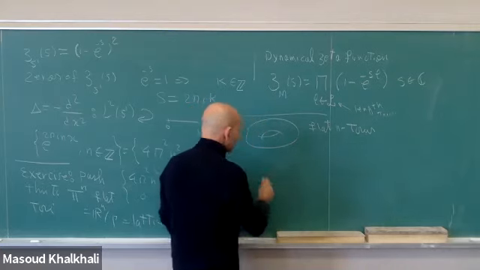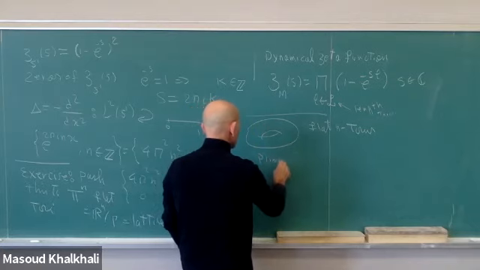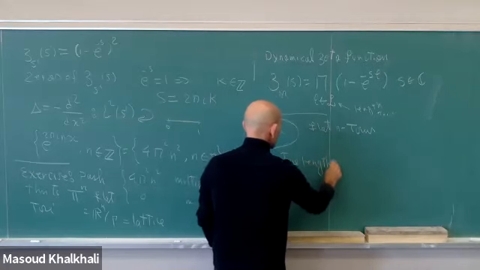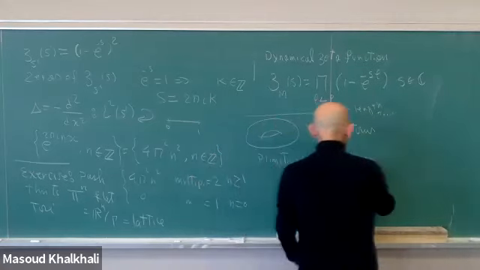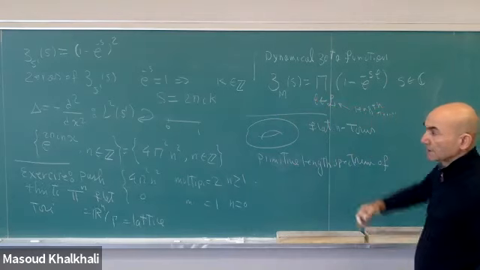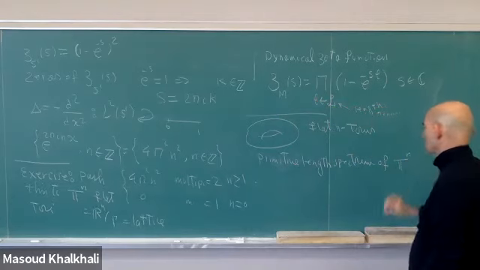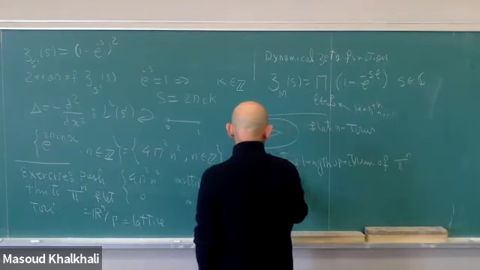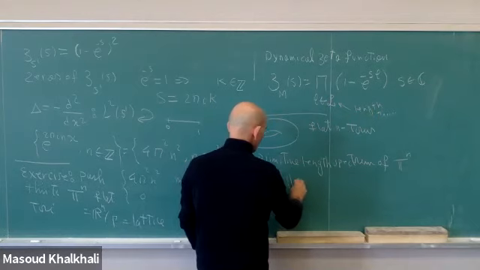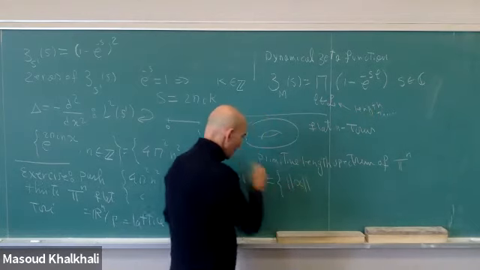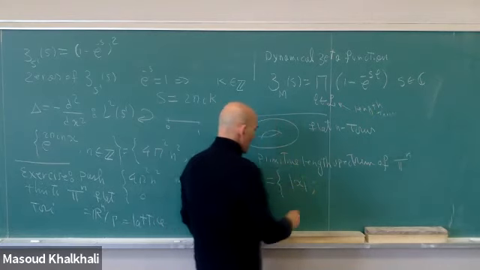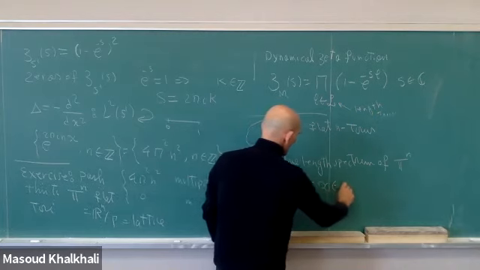We called it the length spectrum. So the primitive length spectrum of this T^n is equal to the length of x, where this is the Euclidean length, and x belongs to Gamma.